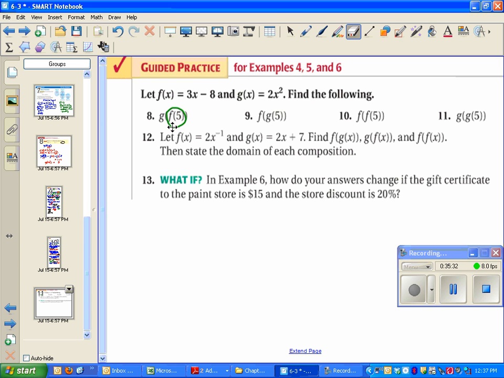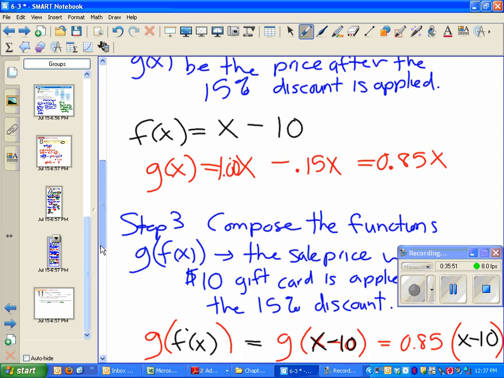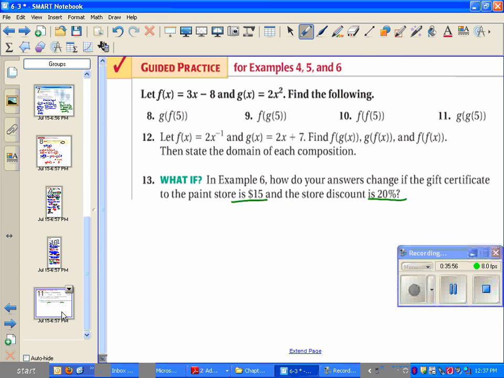So just work from the inside out. For 13, it's the same idea, but your gift card is now $15 and your discount is 20%. So you're going to look at your step 4 and your step 3 and figure out what changes. All right, good luck with that.